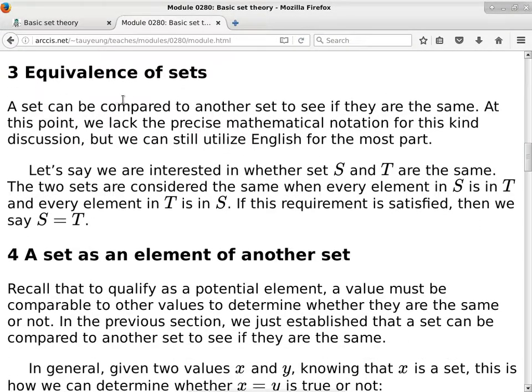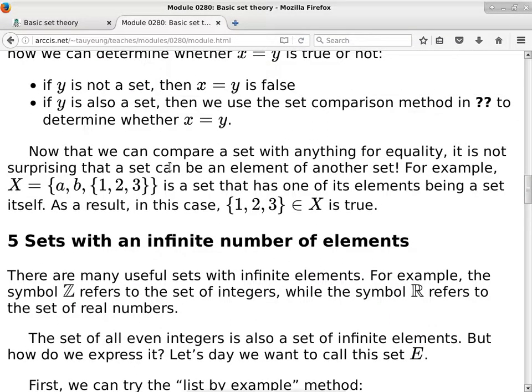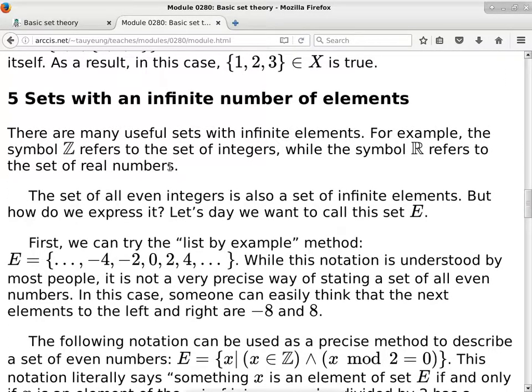We talked about how to make sure that two sets are exactly the same. We also talked about how you can have a set as an element of another set. Remember that? I gave you guys a few examples last week. We talked about how to describe a set that has an infinite number of elements. In other words, you can describe the properties of the elements instead of just trying to list out everything.